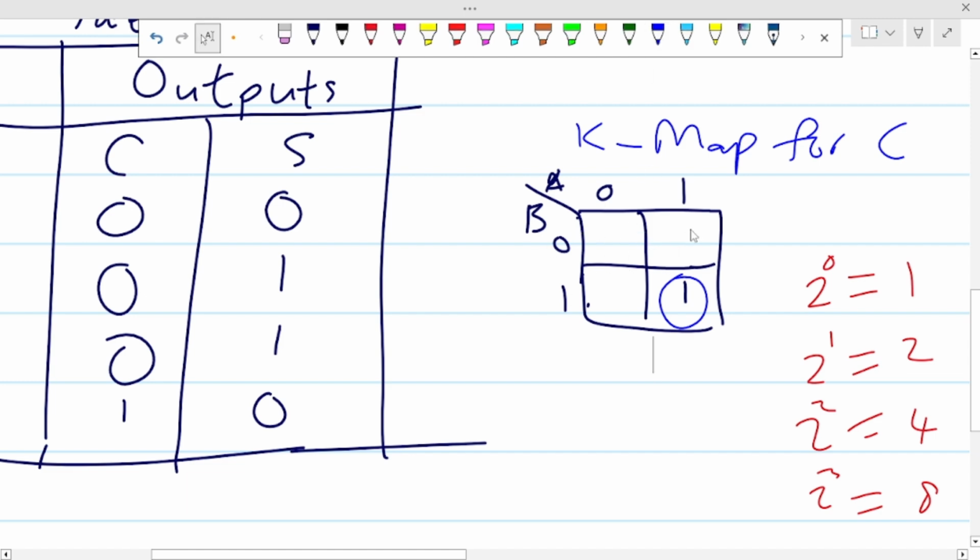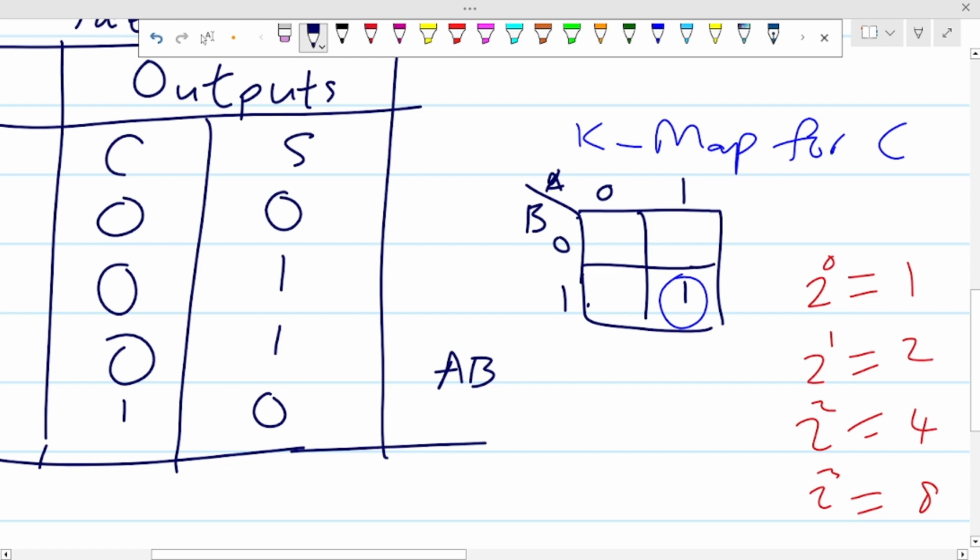After doing this, you look at what we have here. In this group you have A as 1 and it is on, so A, and you have B, that's B when it's on.